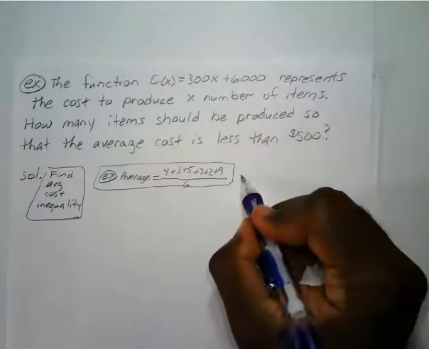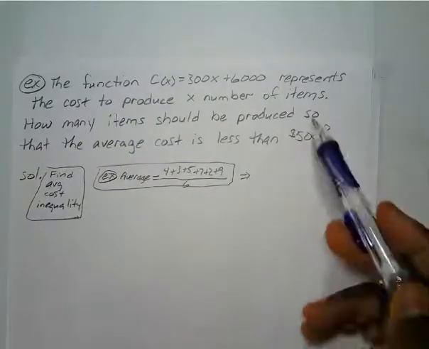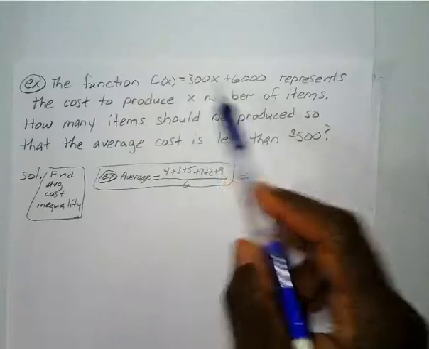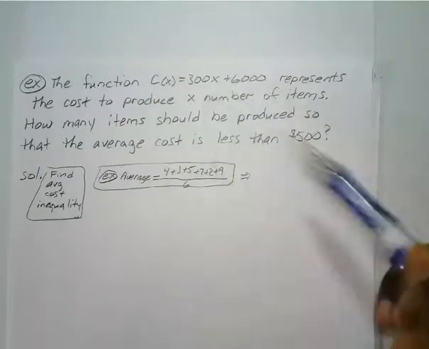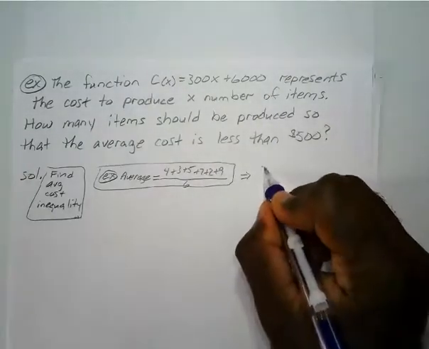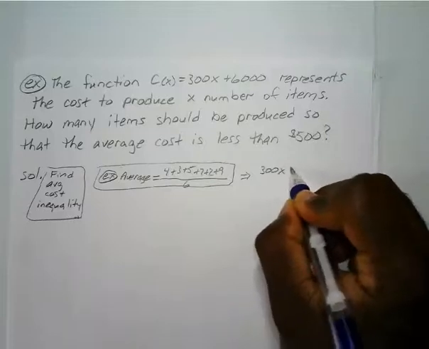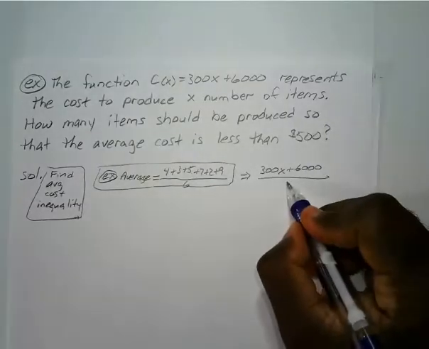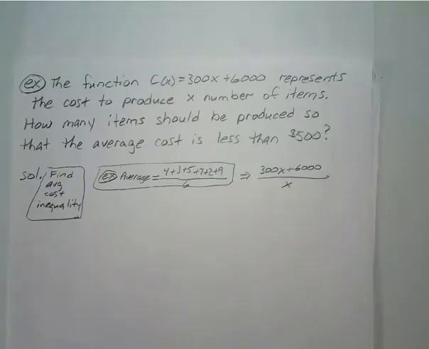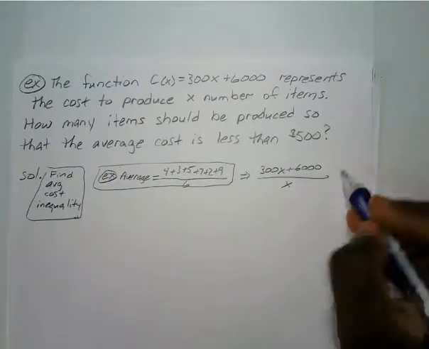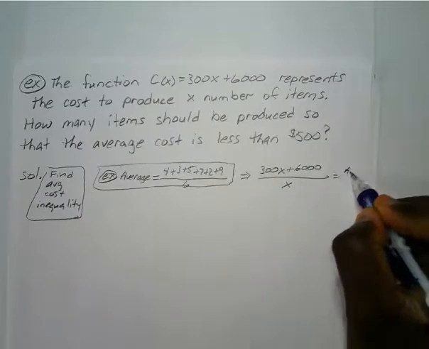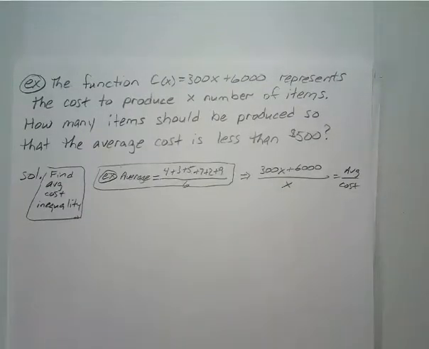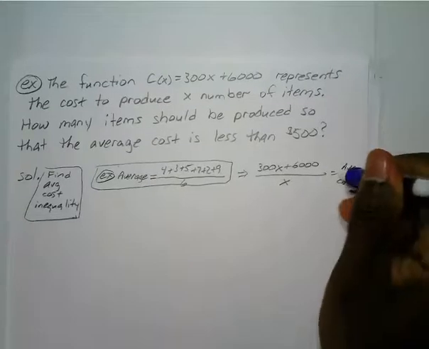So this is the same thing if you think about it. You get your equation, because if you plug in 1, it's just going to be that plus 1. If you plug in 2, it's going to be that plus 2. So your equation is 300x plus 6,000 divided by your number of items. That's your average cost.